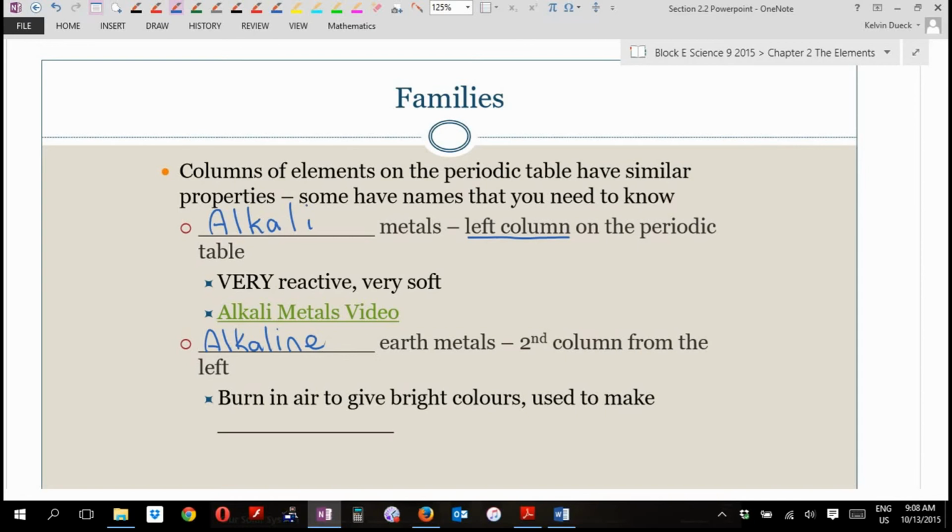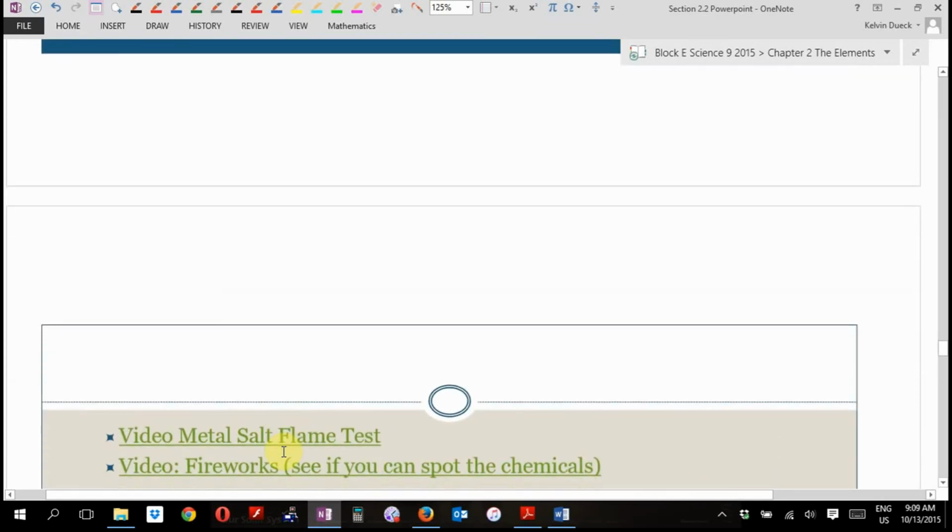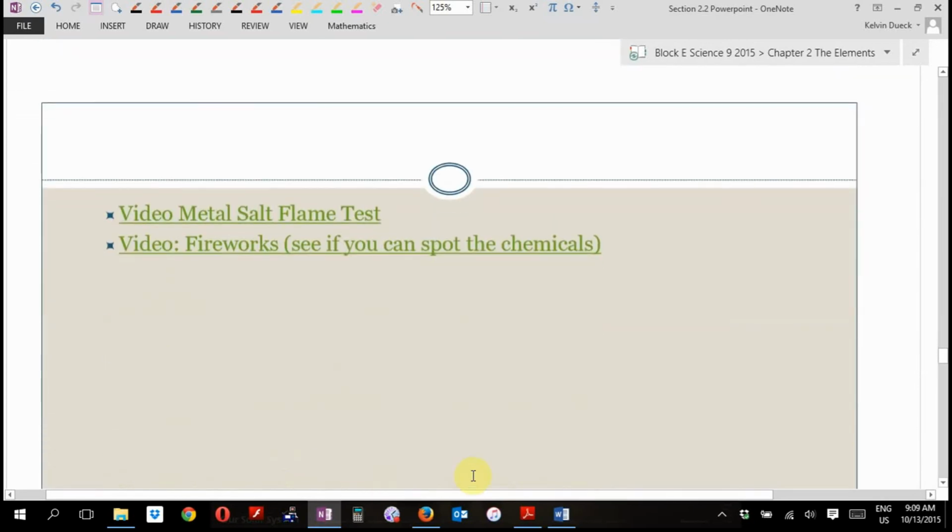In fact, they are used to make fireworks, along with some of the alkali metals and some other ones as well. Put your pencils down.